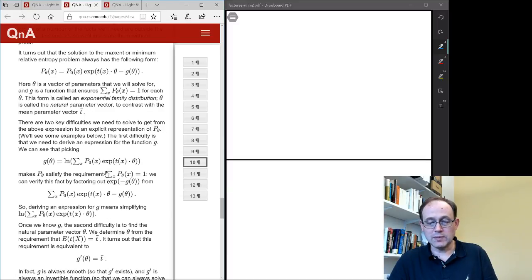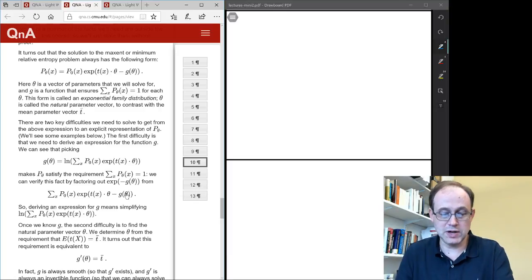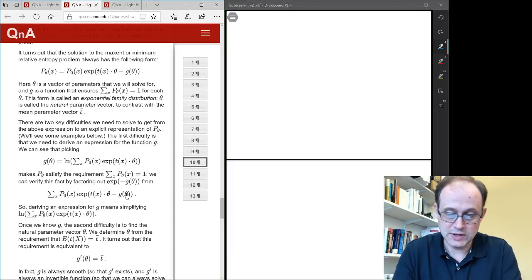we have this requirement that the sum of p theta of x has to be 1. And so if we write that out, right, the sum of p theta of x, this expression here is p theta. And then here, right, e to the a plus b is just e to the a times e to the b. So we can factor out e to the minus g of theta, right? Here we'll actually better to write this down.